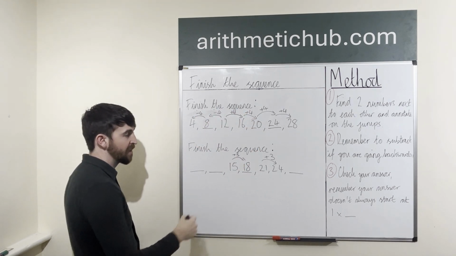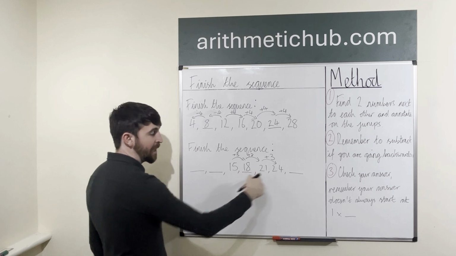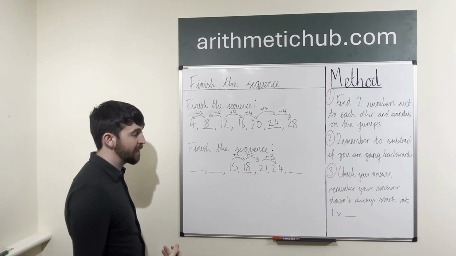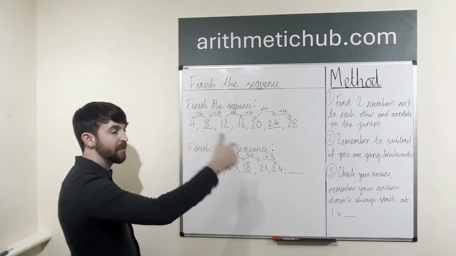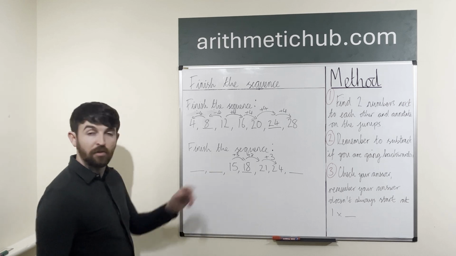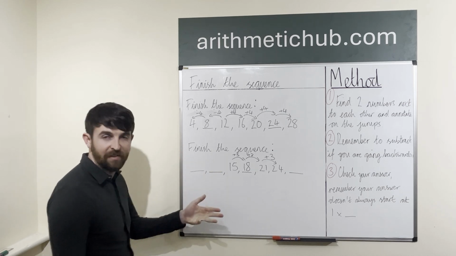And then I'm going to say, right, I'm going to add 3 again and hope that my next 3 that I've added is going to get me to 21. 18 in my head, 19, 20, 21. Does this make sense? 15, 18, 21, 24.